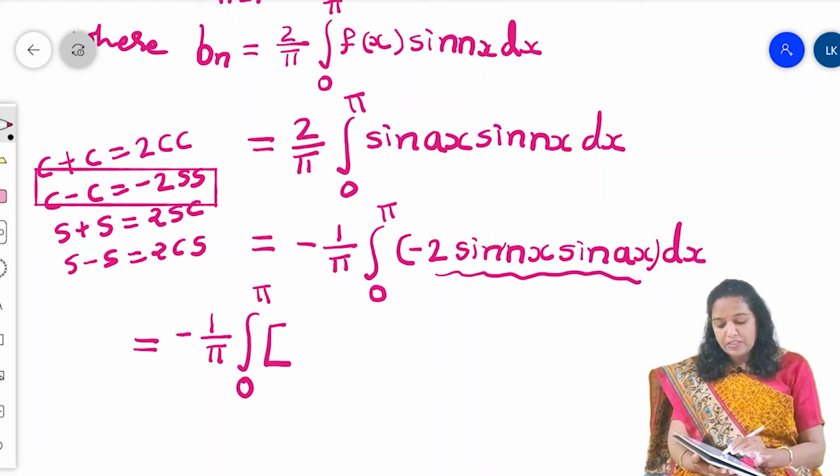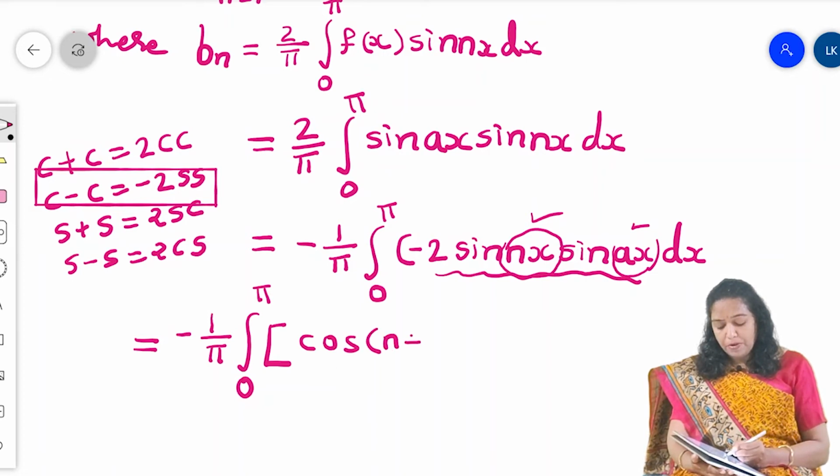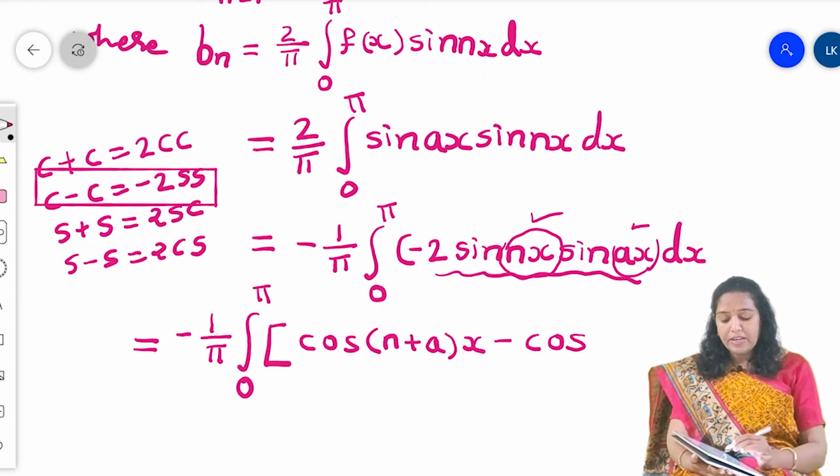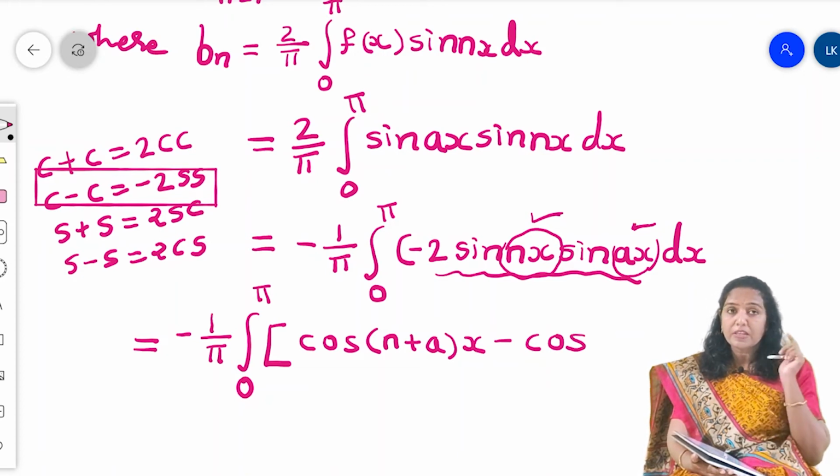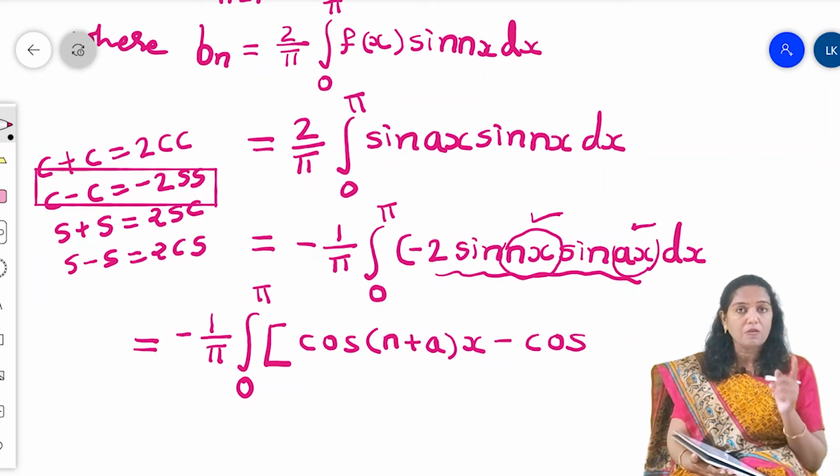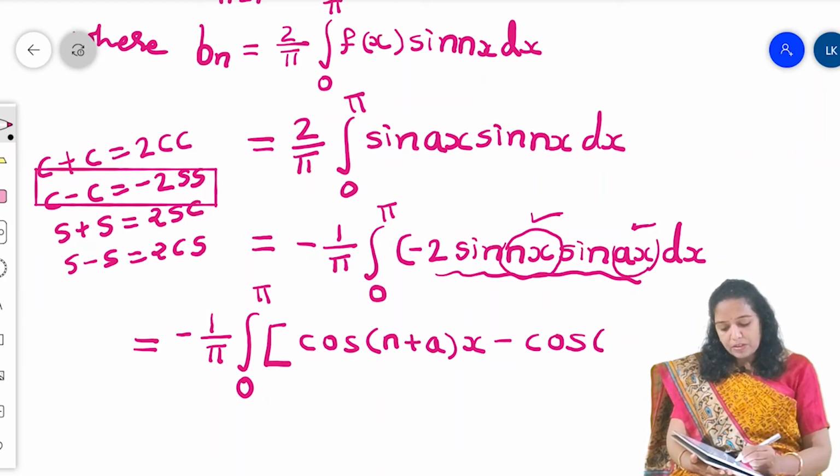Now, the first angle is nx and the second angle is ax. Addition of these two angles, x is common, that is n plus a, so it is cos (n plus a) into x. C minus c is minus cos, second time subtraction of the angle. First time always addition and second time always subtraction. This is the rule. That is (n minus a) into x, bracket complete, dx.